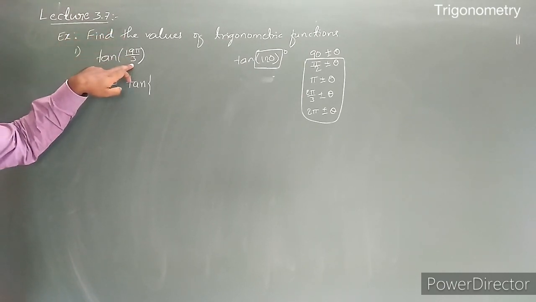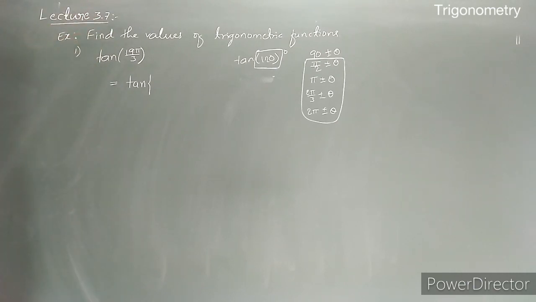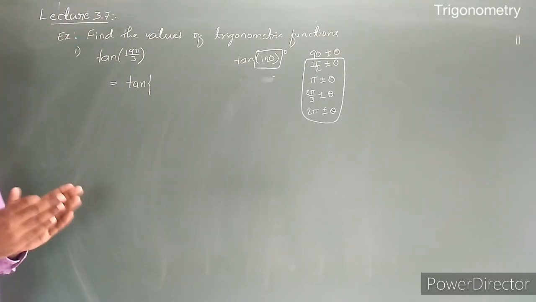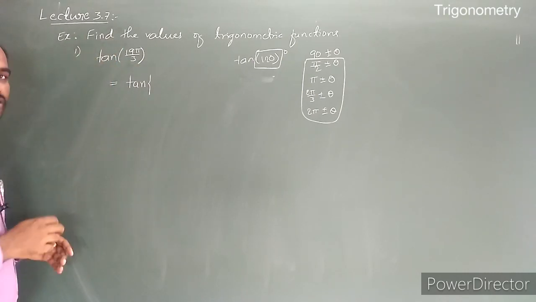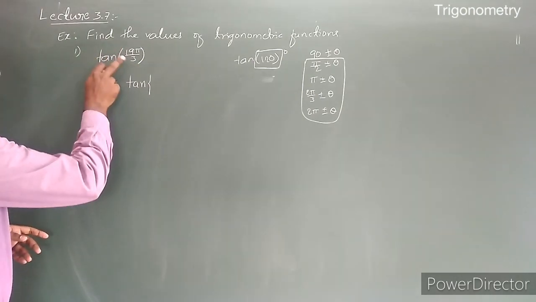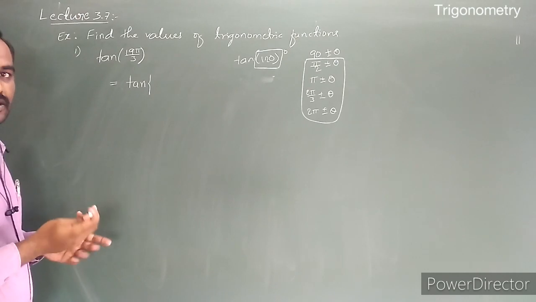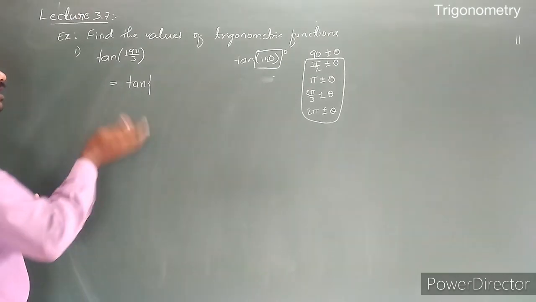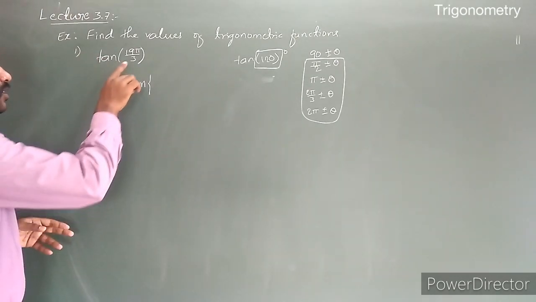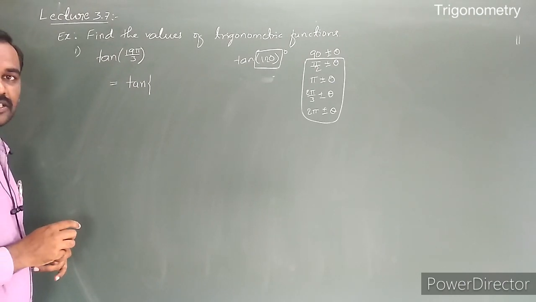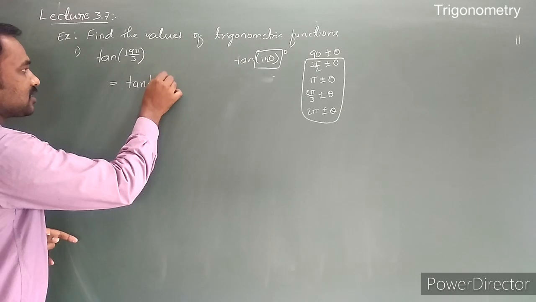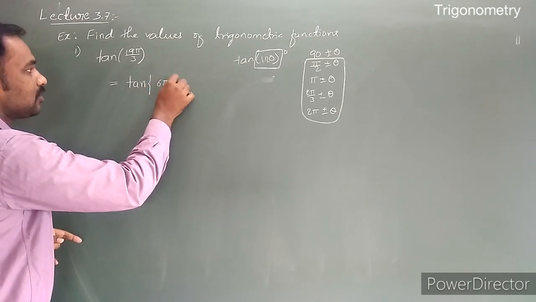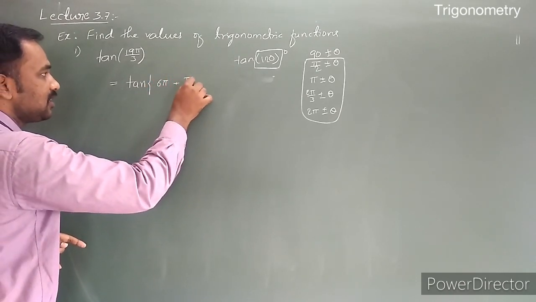So check the multiples of 3 nearer to 19. Check the multiples of the denominator nearer to the numerator value, leaving over the pi. 3 how much are 19? It is not exactly a multiple. The nearer multiple is 18. So 3 how much 18? 3 sixes are 18. I just split this 19 pi by 3 as 6 pi plus pi by 3.